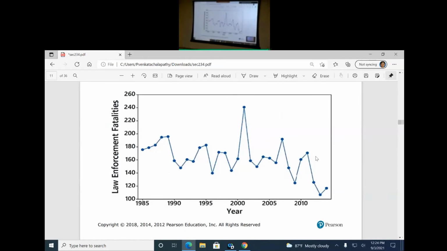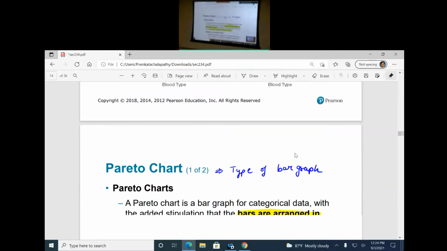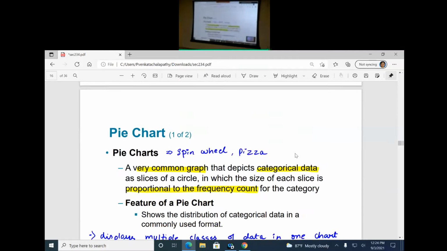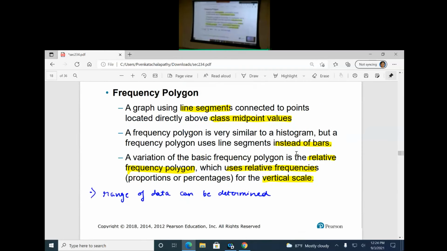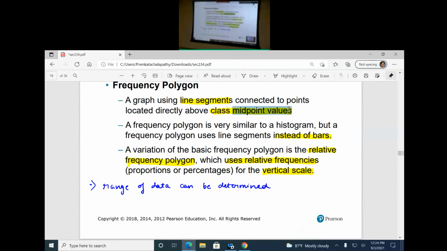So if you can see this, you can also say this can be a frequency polygon because it is a line segment. But the only difference between that and a frequency polygon is your midpoint values. A frequency polygon is always constructed using midpoint values, not the class intervals, not the true values, but midpoint values.